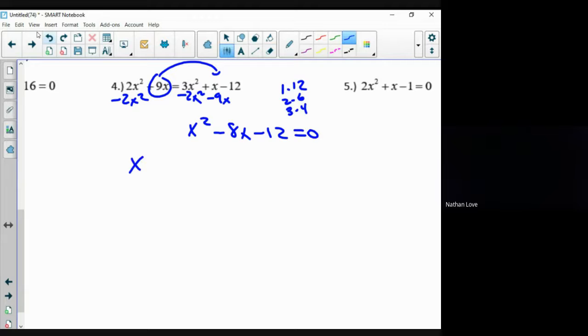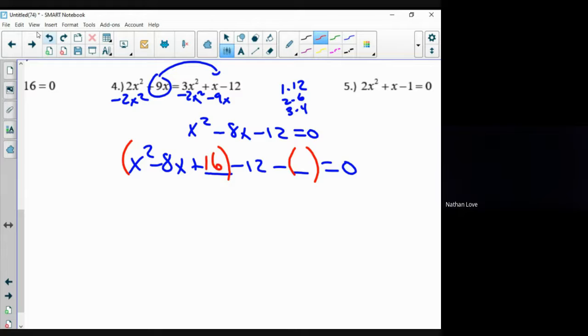All right, so x squared minus 8x plus blank minus 12 minus blank, set equal to 0. Set your parentheses up. You know you're taking half of 8, which is 4. Squaring is 16.